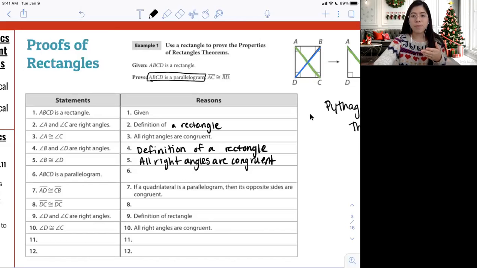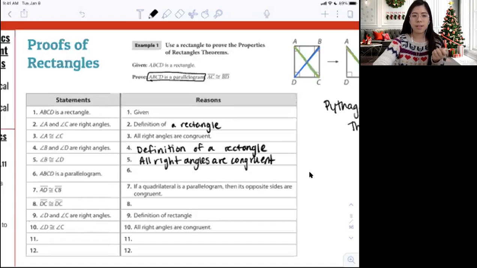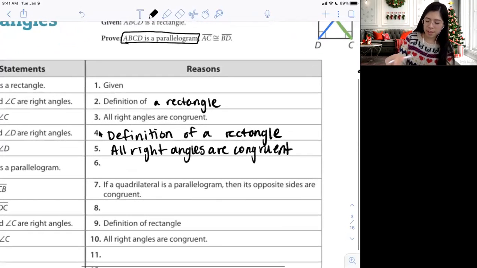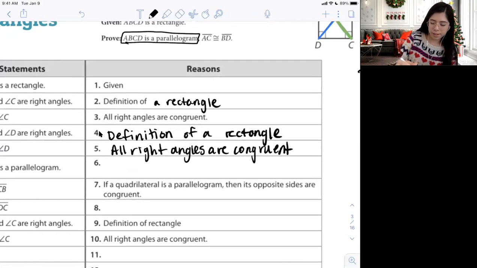And that is one of the conditions that makes something a parallelogram: if the opposite angles are congruent, then the quadrilateral is a parallelogram. I was trying to see if it has a name. I don't think that has a name, so I'm going to just write it out. I think they gave us extra room on purpose because it's a little bit long. I do want you to write this whole thing because it's good to get into that habit of what you need to write.